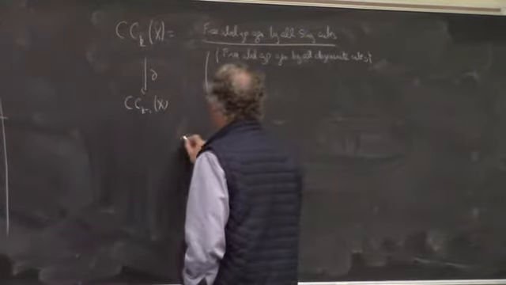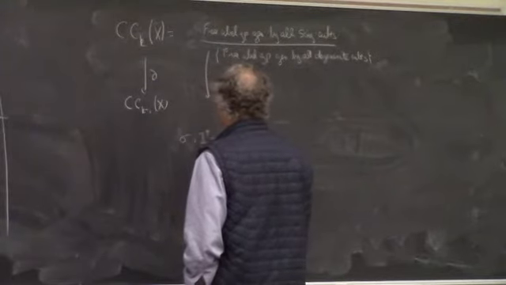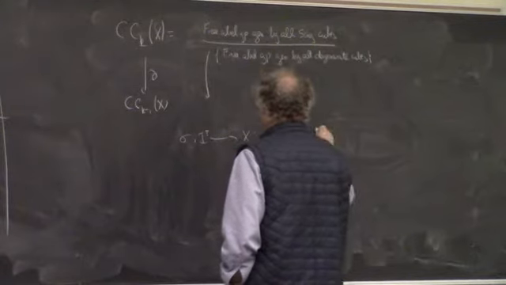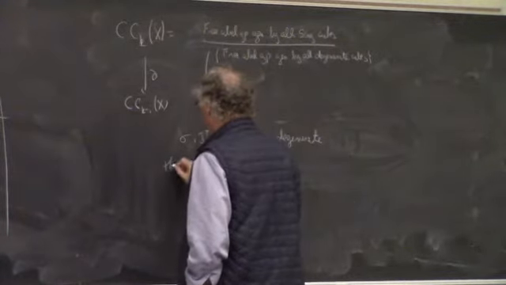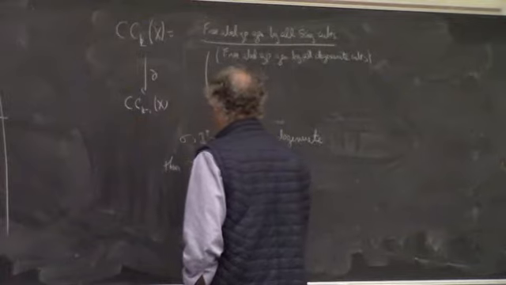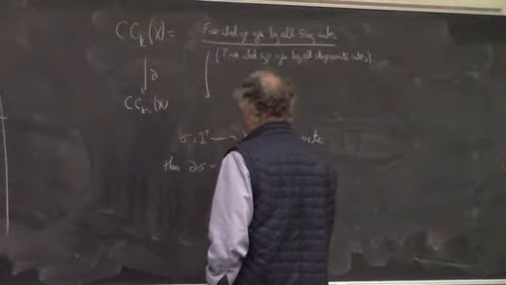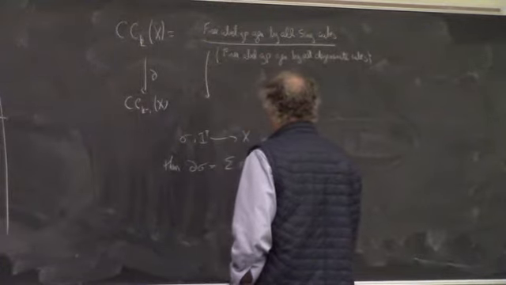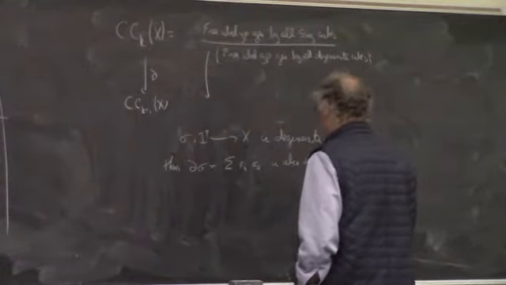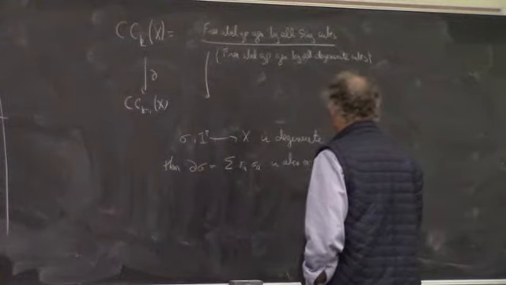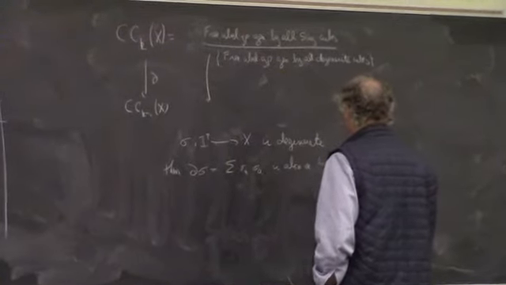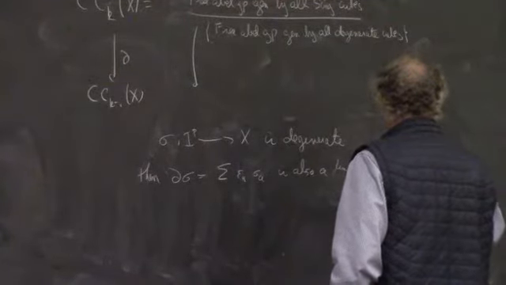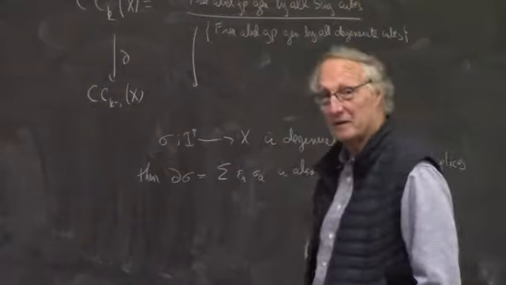So if sigma mapping I^P into X is degenerate, then the boundary of sigma, which is the summation of the signs epsilon times the faces sigma A, is also a linear combination of degenerate simplices. That's what I need to prove.